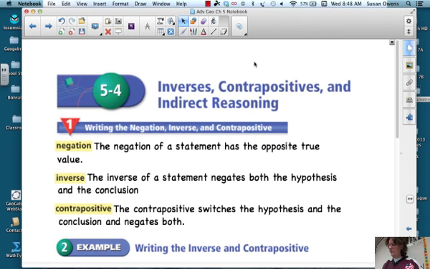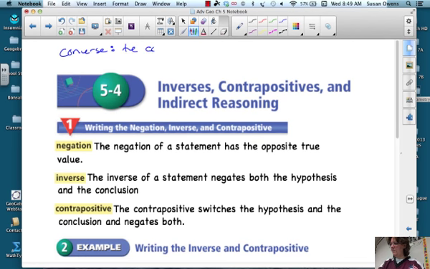Okay. So I'm going to go back to a previous chapter, Chapter 2, where we learned one other definition, and I'm going to put it at the top. So the converse of a statement switches the hypothesis and conclusion.